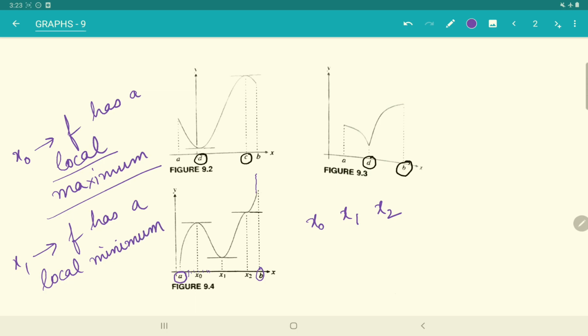What I mean to say here is that the value of the function at that point x1 is lower than at all neighboring points. That neighboring thing is very important when we talk about local maximum or local minimum.